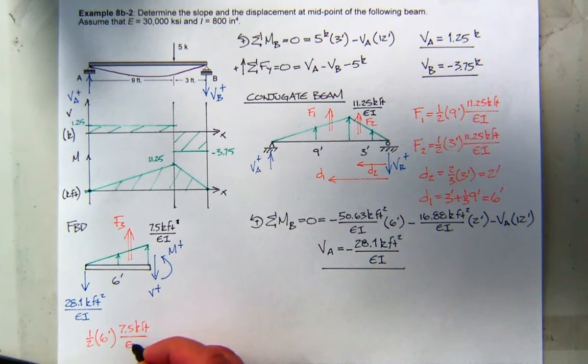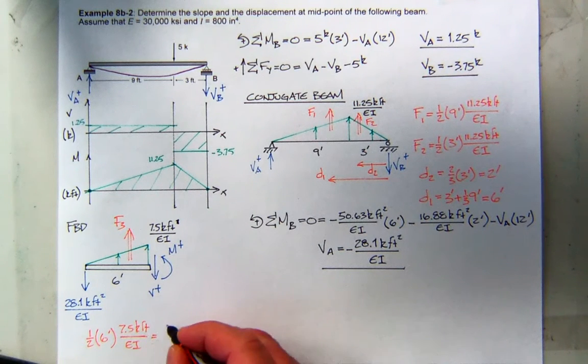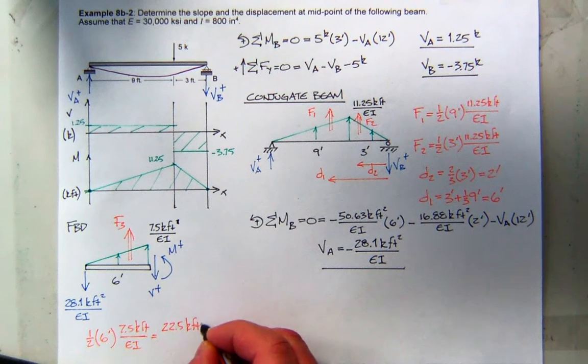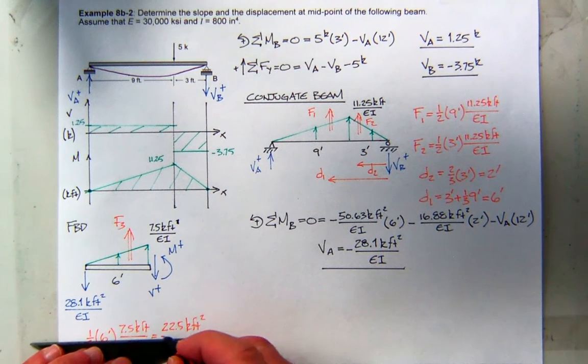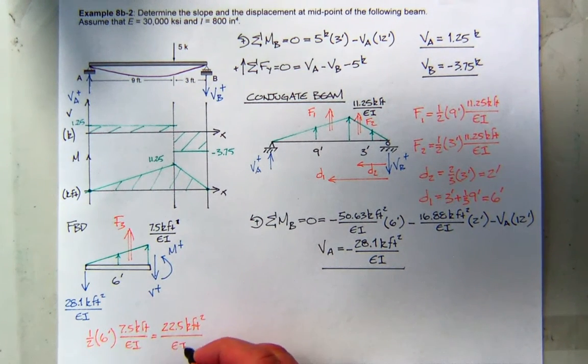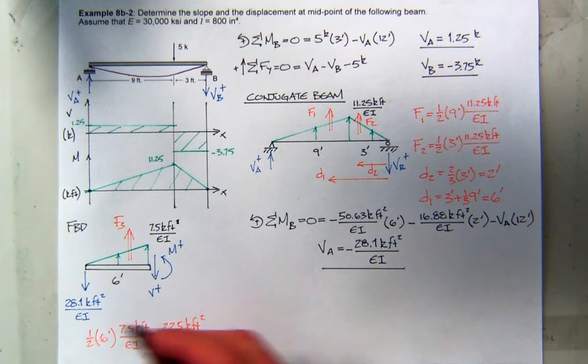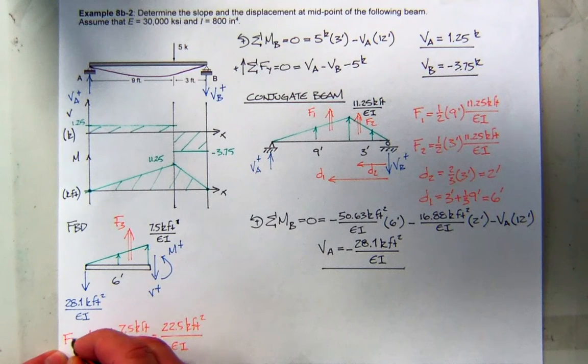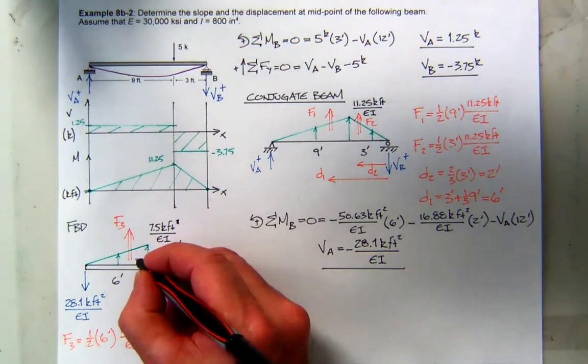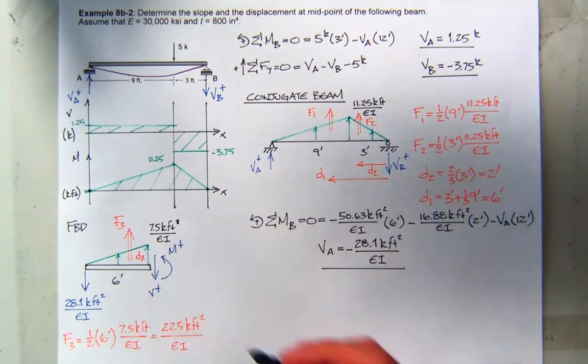What's that? 22.5 over EI, and that will be kip feet squared over EI. We solved for F3. I didn't write that in there, did I? F3 equals 22.5. And then I also want that distance, D3, but that's just 1/3 the distance. 1/3 of 6 is 2.